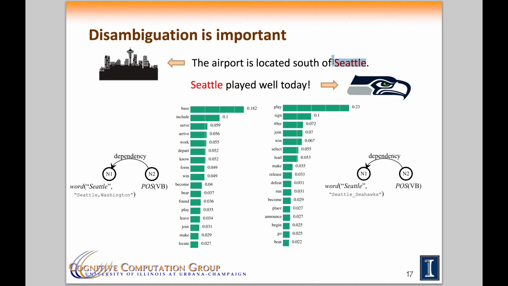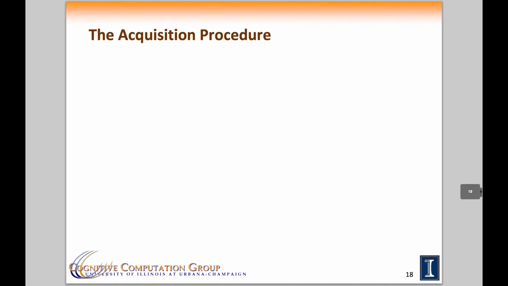By disambiguation, we mean that we make a difference between this Seattle and this Seattle. And where does this disambiguation come from? We have tools which connect entities to their Wikipedia links, and by Wikipedia links, we can uniquely disambiguate an entity.